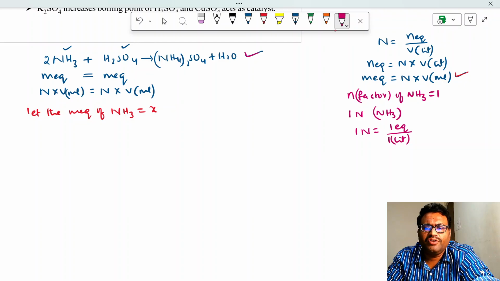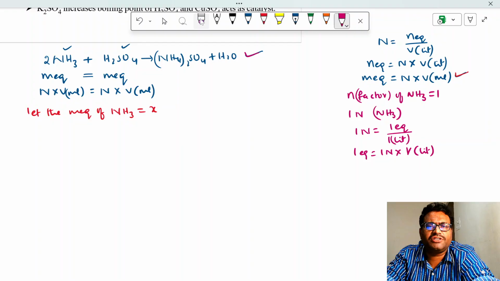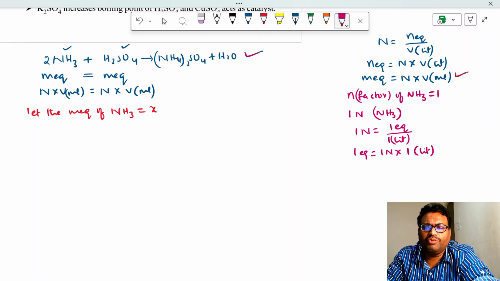So 1 equivalent is equal to 1 normal into 1 liter. Volume is 1 liter. Now n factor is equal to 1.